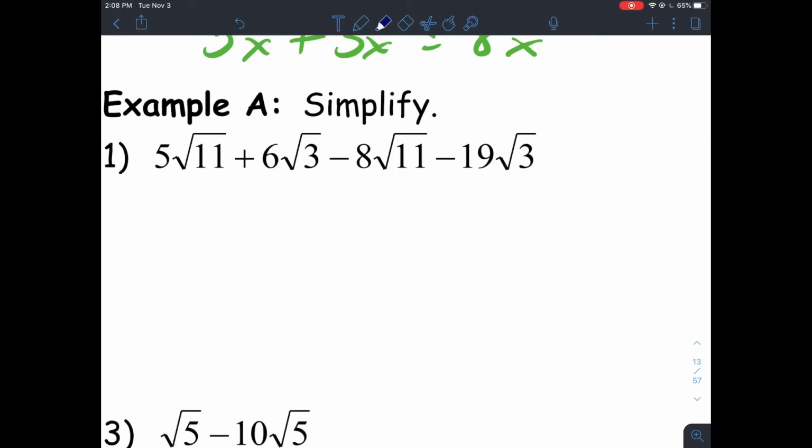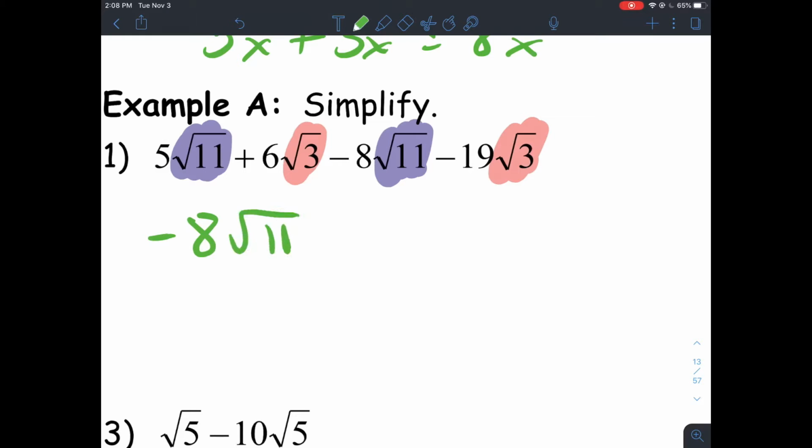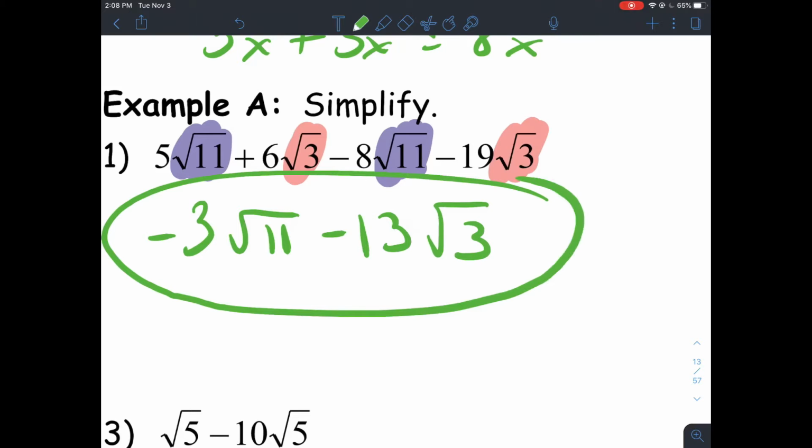So we've got root 11, so we're going to combine these guys. And then we've got root 3, so we can combine those guys. So we're going to do 5 minus 8, which is going to give us a negative 3 root 11. And then we've got 6 minus 19, which is going to give us a negative 13 root 3.